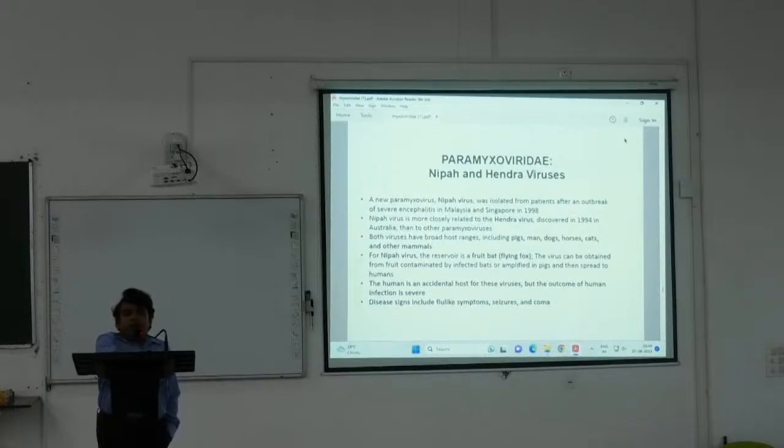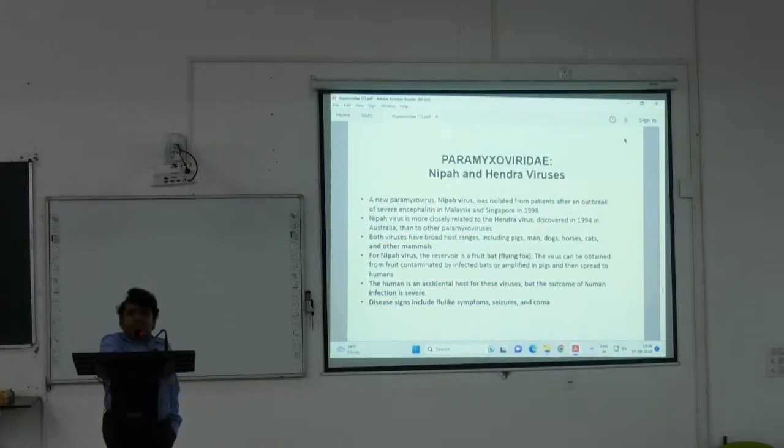If you go back and read about the various diseases in India, you will find out that recently in Kerala, there was an outbreak of Nipah virus infection. The reservoir is the fruit bat. When people come in contact with these bats, they get infected.